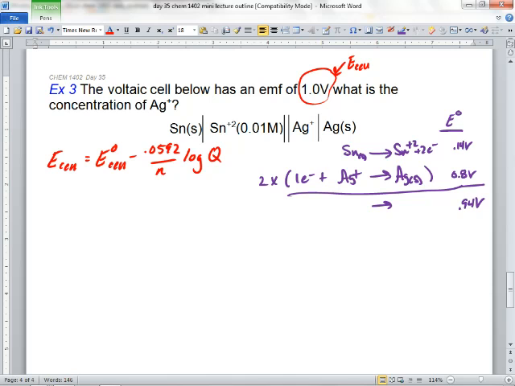A couple of us got 0.94 volts for E0 cell, so hopefully that's working for you.